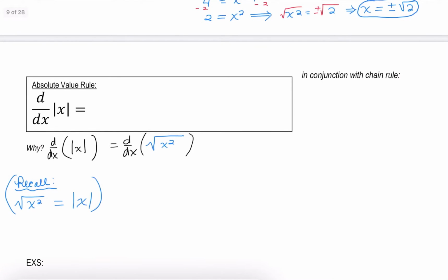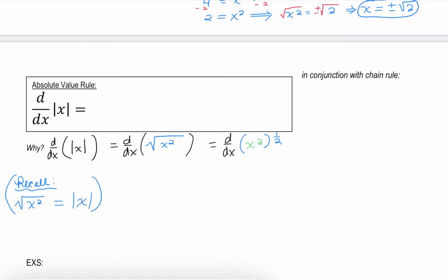And now I want you to think of this as an inside function, so let's call this x squared, being inside of this outer square root function, and we're going to think of that as our 1/2 power. So again, we don't just want to make that x because it's technically the absolute value of x.